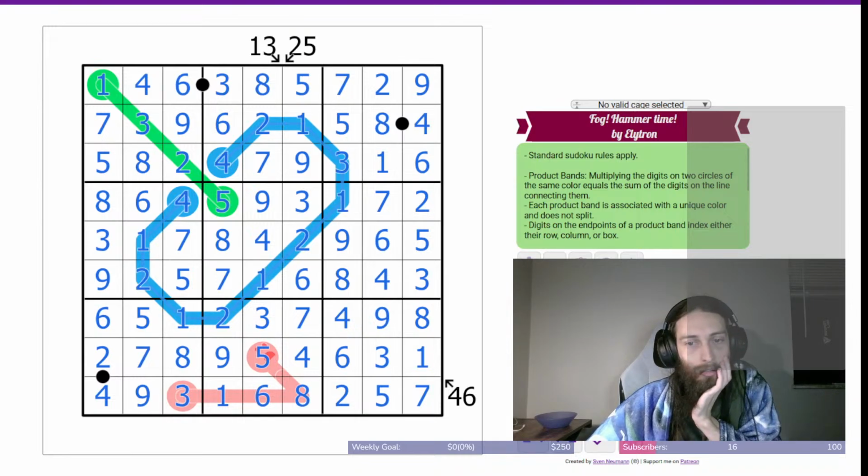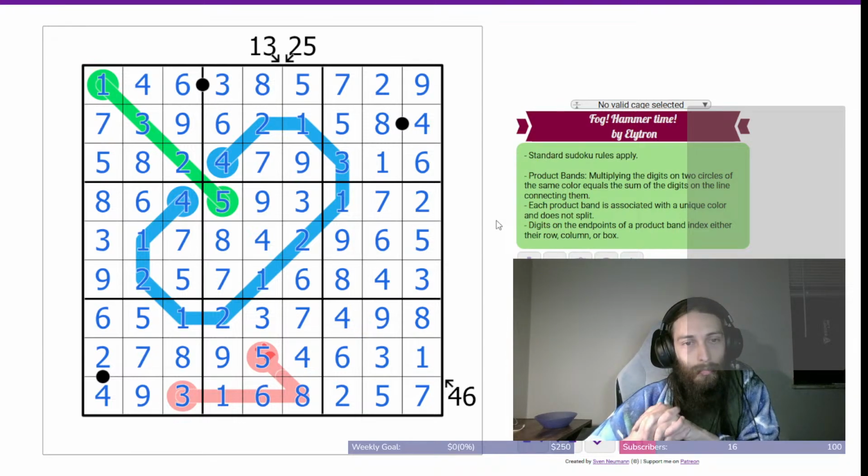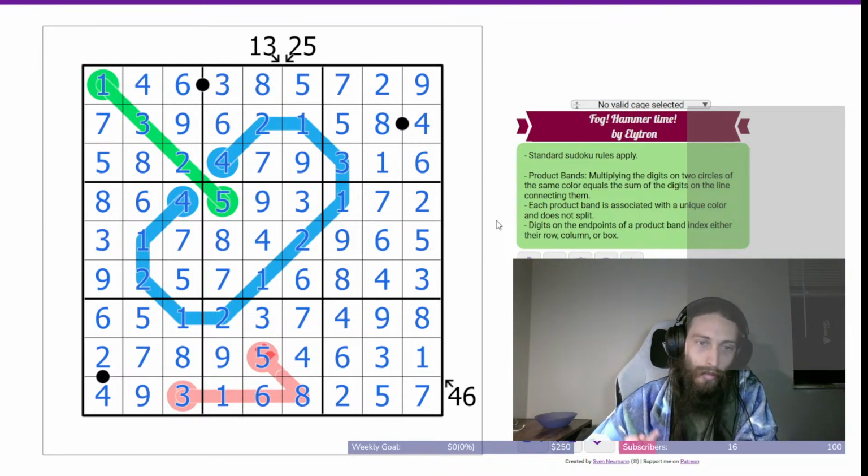But I don't know whether or not finding that path is necessarily easy. Sure, we did it fairly quickly, but I feel like doing that is not necessarily easy, despite the fact that we didn't have a difficult time with it.